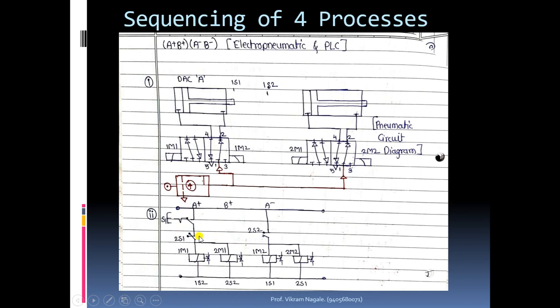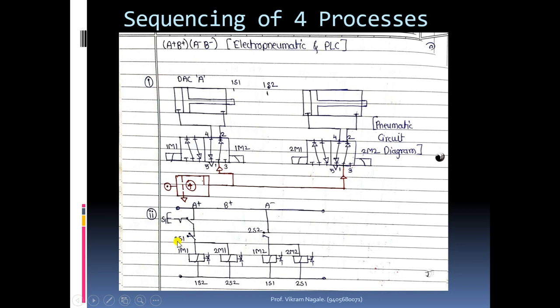So from 2S1, that is from the last process in the cycle, we can take 1S1 also, because both processes happen at the same time. So whether we take 1S1 or 2S1, it is the same thing. So here, as regular practice, we are using 2S1.